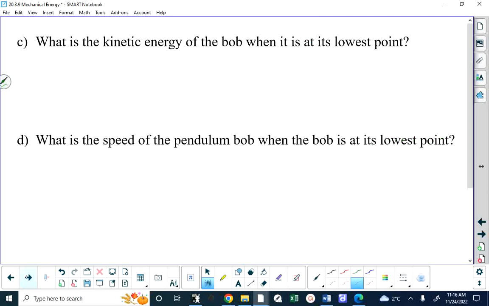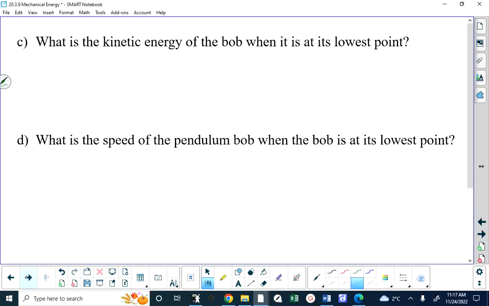What is the kinetic energy when it's at the lowest point? 0.613125? No. The kinetic energy at the lowest point is not that same number. Why not? Because it's not actually on the floor. Right, because we were forced to use a reference point of the floor.